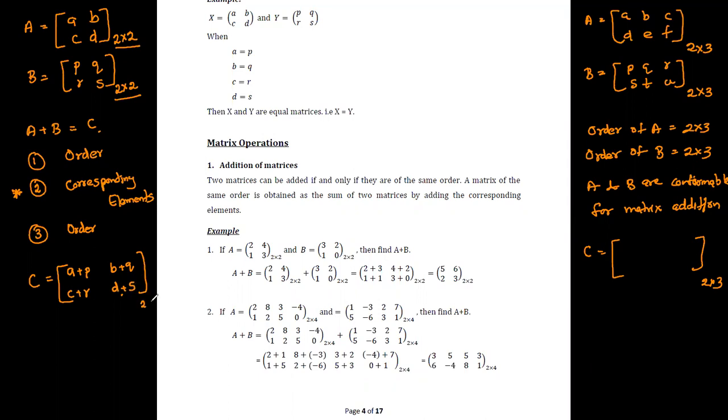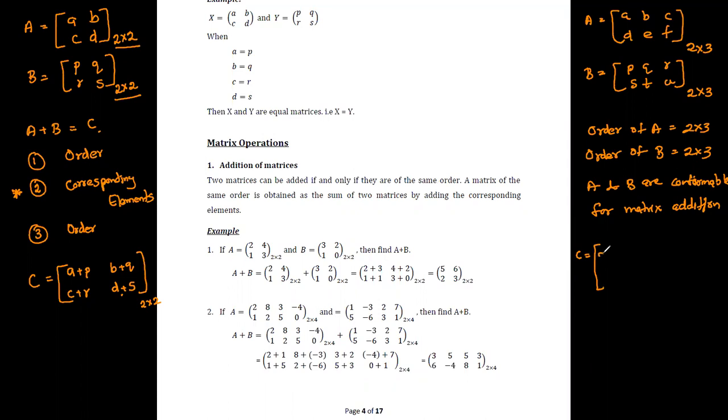Here we can see that this is a 2 by 2 matrix. Likewise, in here, if this is matrix C, then we can say that matrix C can be obtained by adding the corresponding elements.